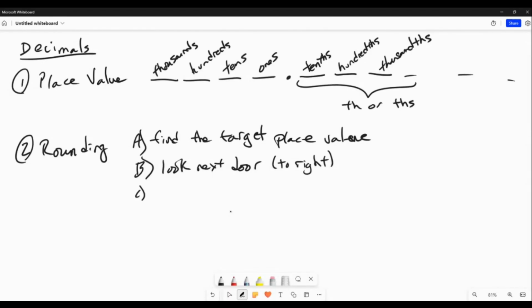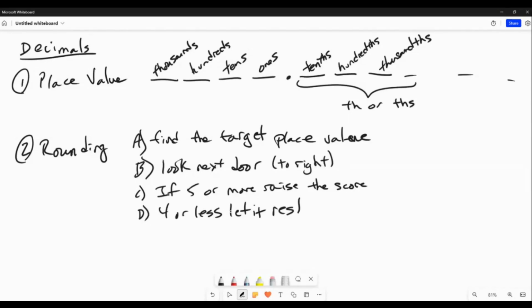And then if 5 or more, raise the score. So if that number to the right is a 5, 6, 7, 8, 9, then your target place value number goes up by 1. And then 4 or less, let it rest. If it's 4, 3, 2, 1, 0, we don't bump up the target value.